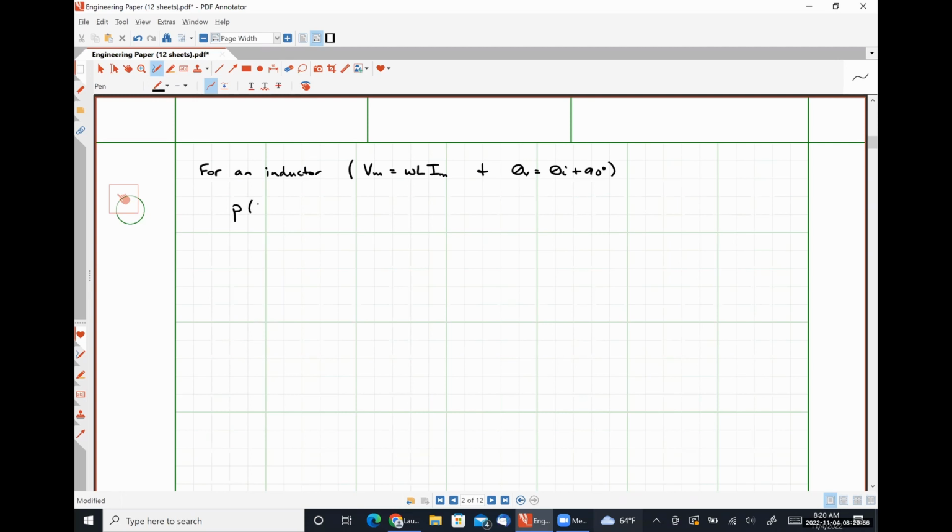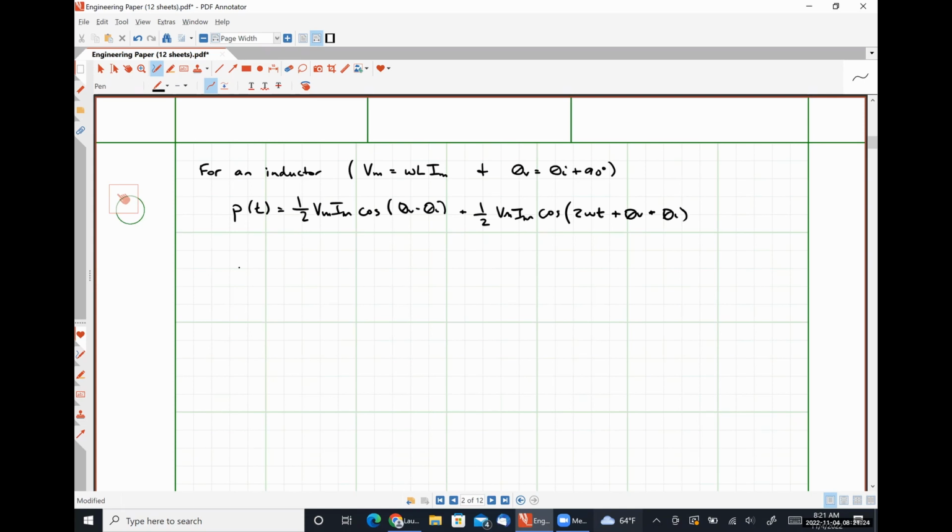So once again, we're going to start with our generic equation. 1/2 Vm Im cosine theta V minus theta I plus 1/2 Vm Im cosine twice omega t plus theta V plus theta I. And we're going to modify this based on the relationships that I've written above.